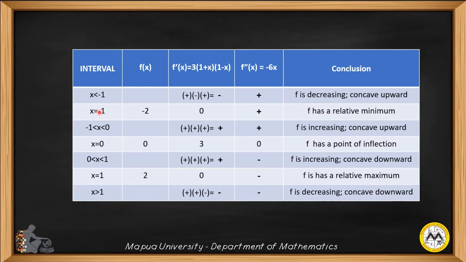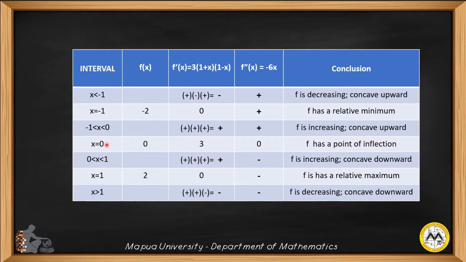Okay, so if you will now work with some intervals of x values to the left and to the right of the critical point or the point of inflection, then we will be able to define the following intervals. x is less than negative 1, that will describe the points to the left of x equal to negative 1, and points to the right of negative 1 but to the left of x equal to 0 would be points where x is greater than negative 1 but less than 0.